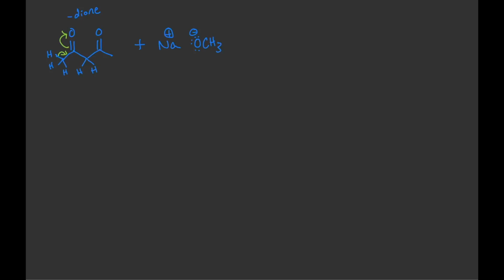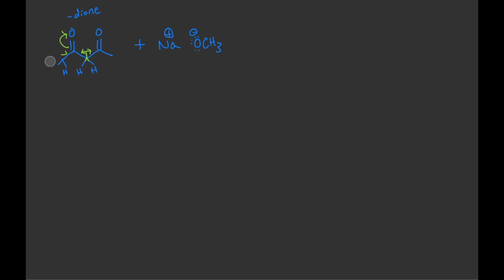However, if we attack the protons on the center carbon, we get resonance stabilization both directions. So we have two possibilities for stabilization as opposed to the one. So that makes the protons on the center carbon more acidic than our methyl protons. Therefore, those are the protons that will more easily be removed.